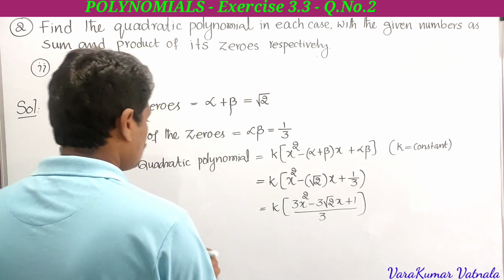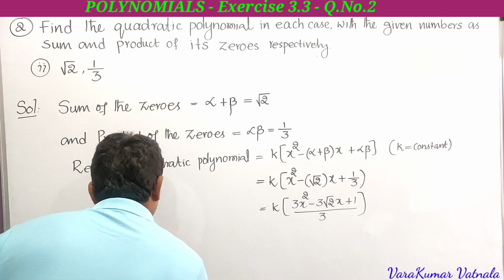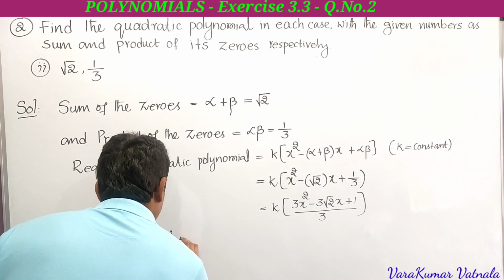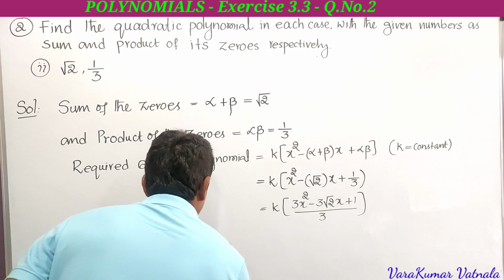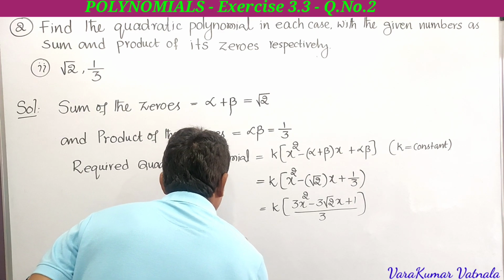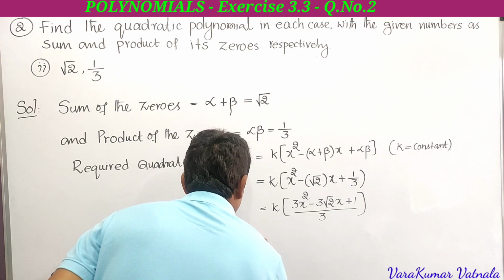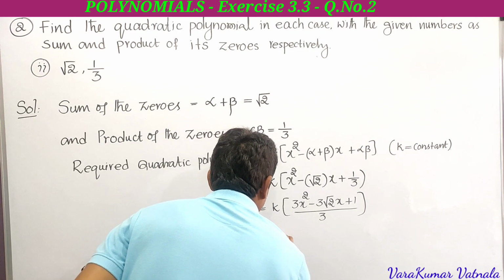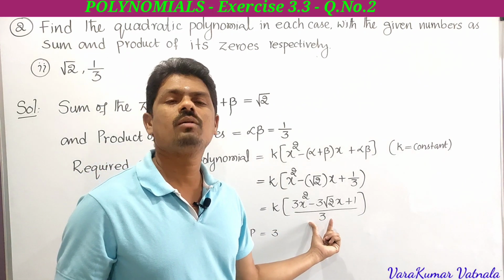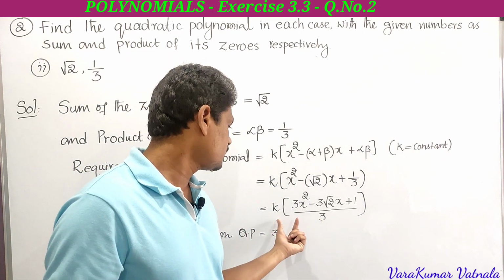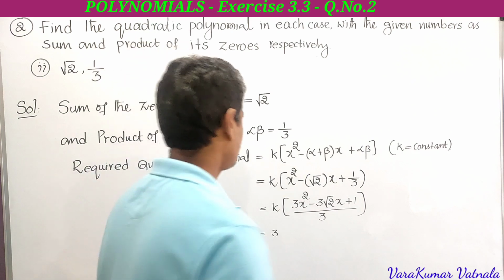So if k is equal to 3, then the required quadratic polynomial becomes, so I am substituting k is equal to 3. Since here the denominator is 3, to cancel it I am substituting k is equal to 3.